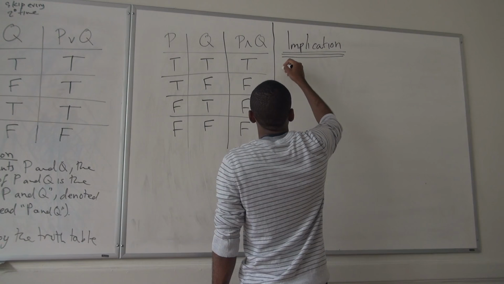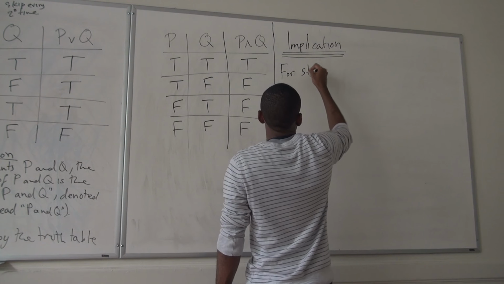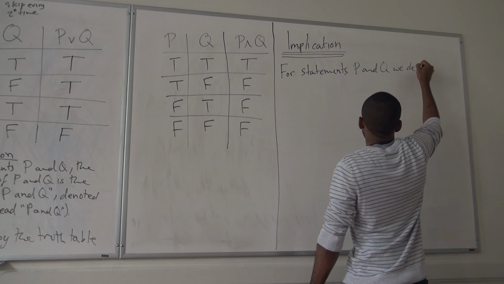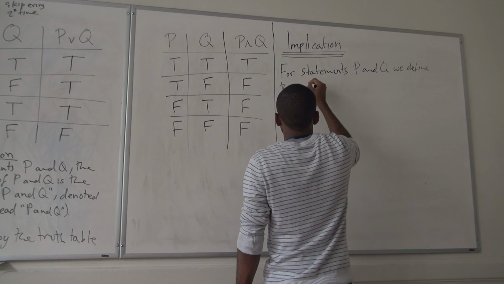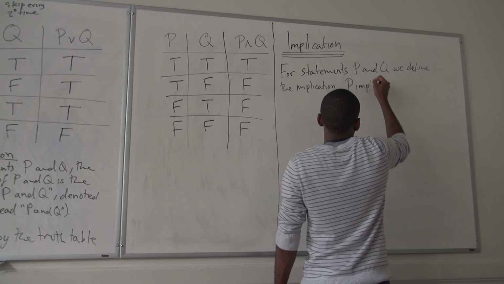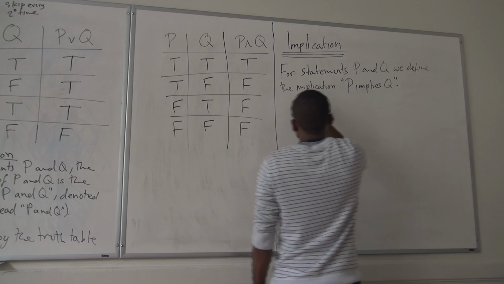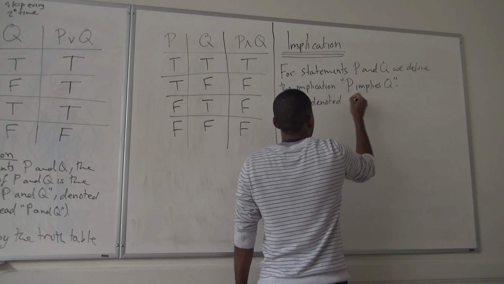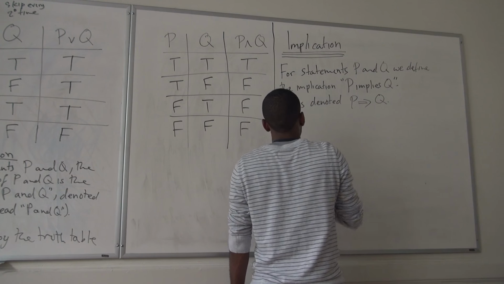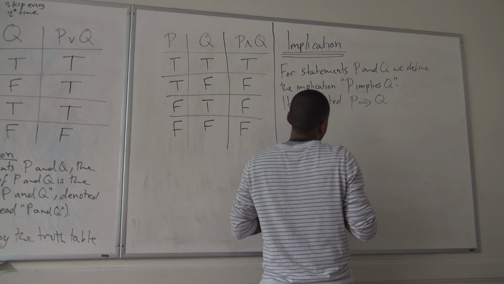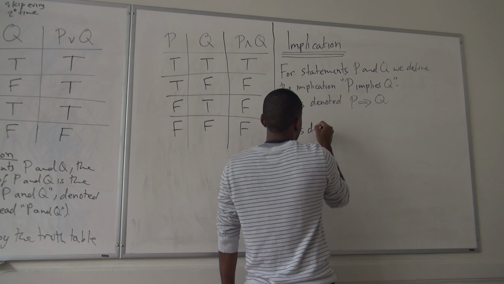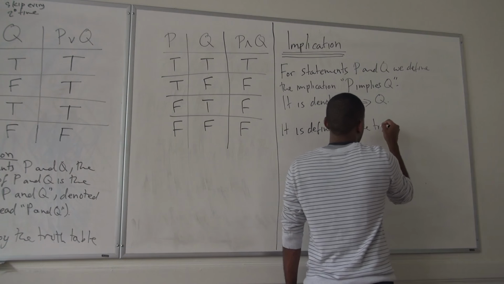For statements P and Q, you define P implies Q. It is denoted P, and you put this arrow, Q. There are many things to say, so let me do the truth table and then talk about equivalence. It is defined by the truth table.